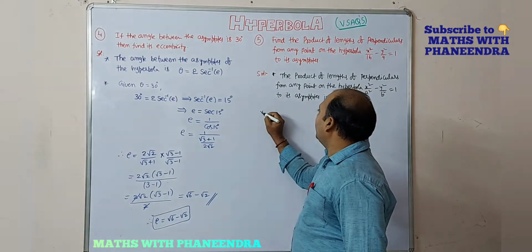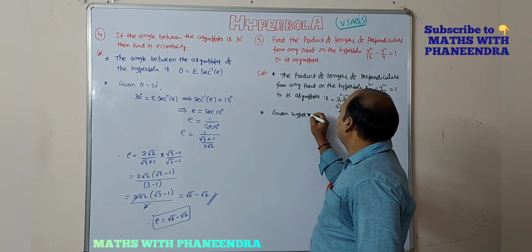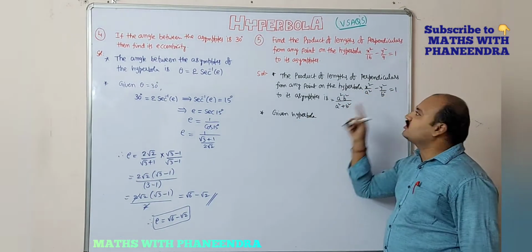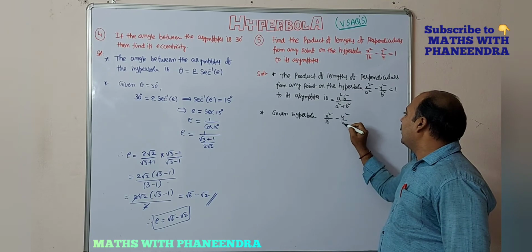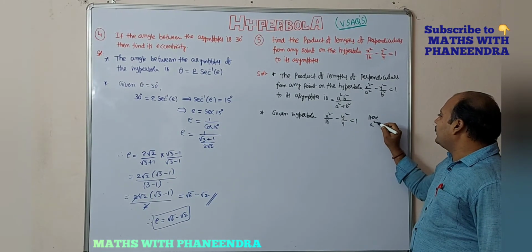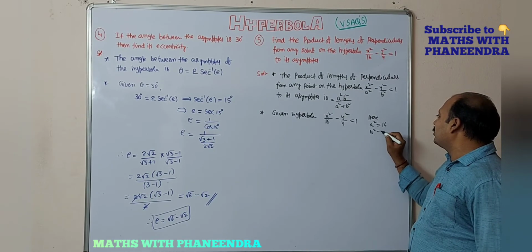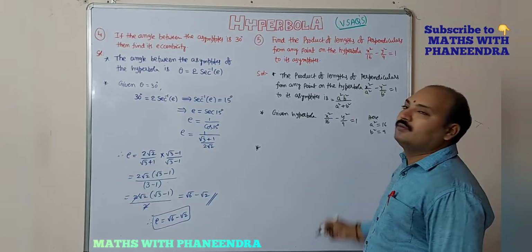So according to the given hyperbola, what is the given equation of hyperbola? x square by 16 minus y square by 9 equal to 1. Here a square is equal to 16, b square is equal to 9. So directly you can apply this formula.